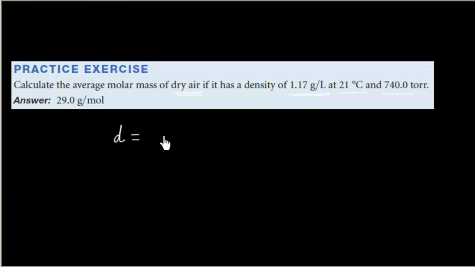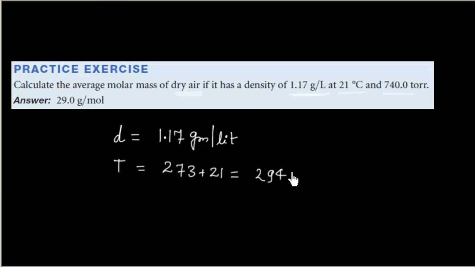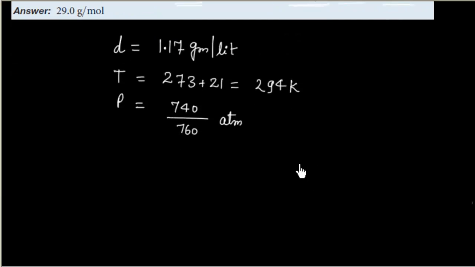Density is given, 1.17 gram per liter, and temperature is 273 plus 21, that is 294 Kelvin, and pressure is 740 divided by 760 atmospheric pressure, because we have to convert torr into atmospheric pressure.